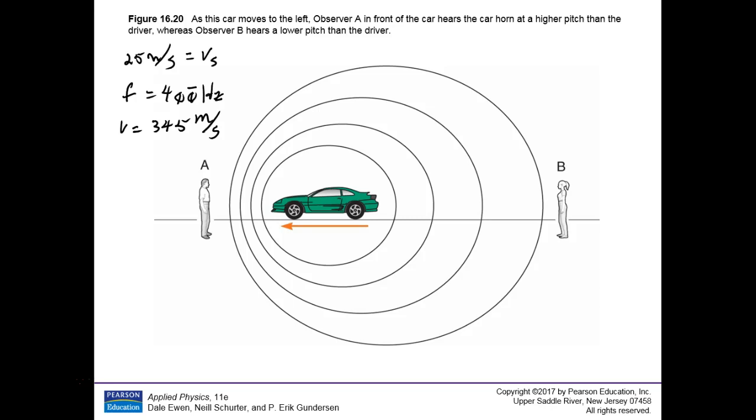Since this is another 15 degrees beyond that, it must be quite a bit warmer, because you multiply by the temperature. 345 meters per second.